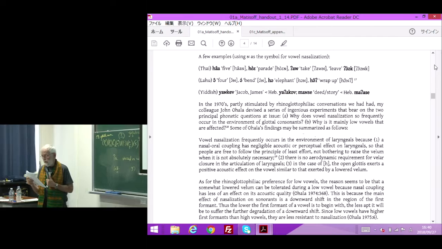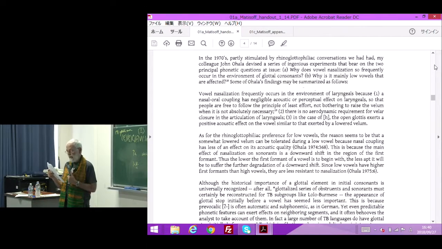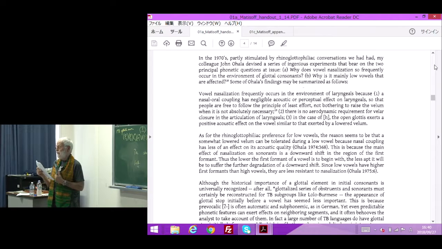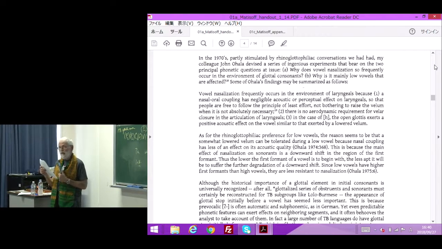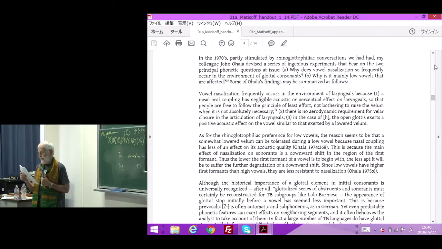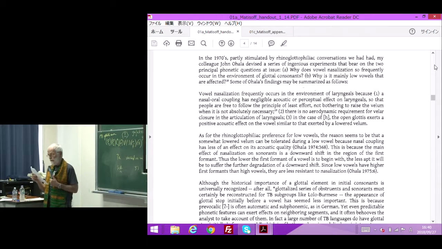Vowel nasalization frequently occurs in the environment of laryngeals because, for one thing, nasal-oral coupling has negligible acoustic or perceptual effect on laryngeals, so that people are free to follow the principle of least effort, not bothering to raise the velum when it is not absolutely necessary. And secondly, there's no aerodynamic requirement for velar closure in the articulation of laryngeals.